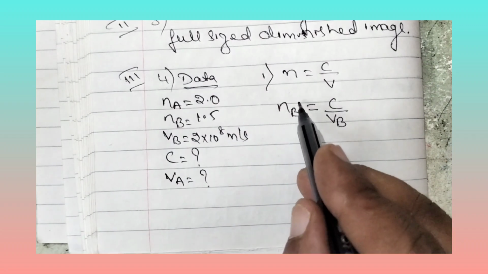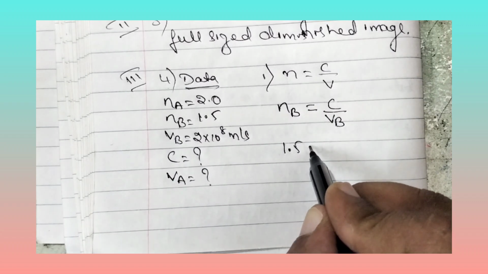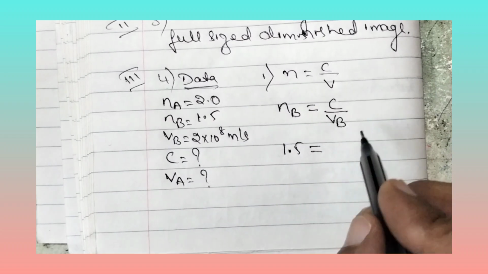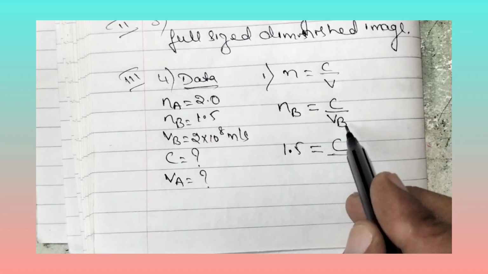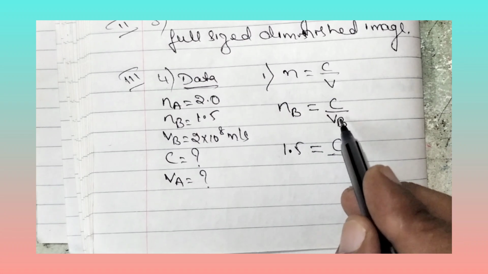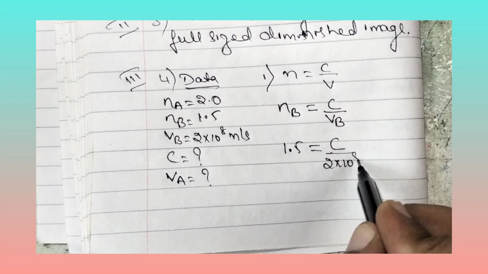The refractive index of B is given as 1.5, which is equal to c, which we don't know, divided by the speed of light in medium B, which is 2 into 10 to the power of 8.